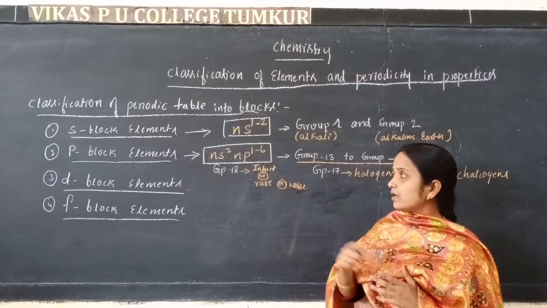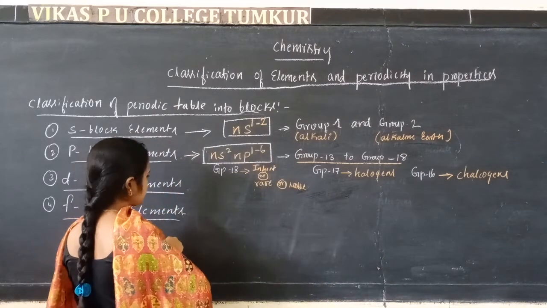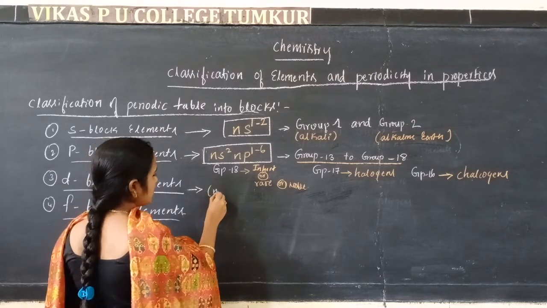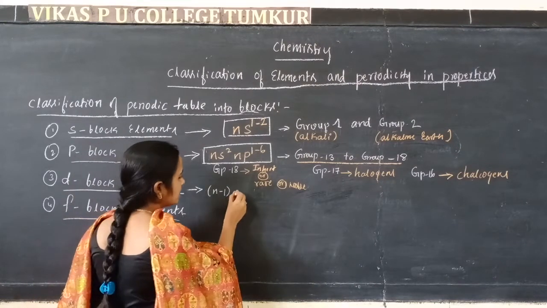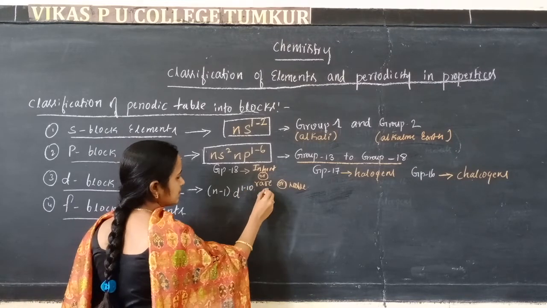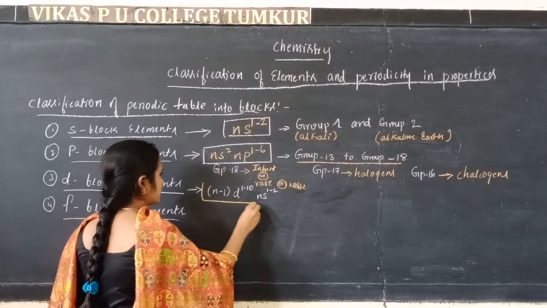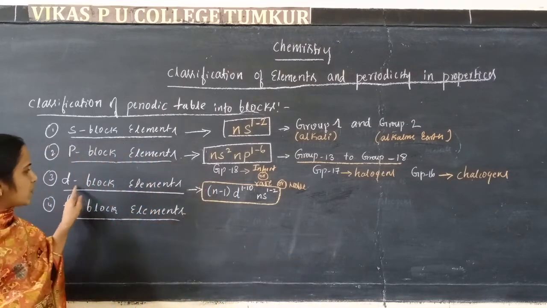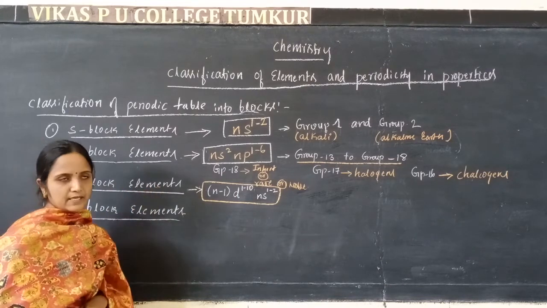In this, the outer electronic configuration for the d block elements can be written as (n minus 1) d 1 to 10, then n s 1 to 2, where n minus 1 represents the penultimate shell.